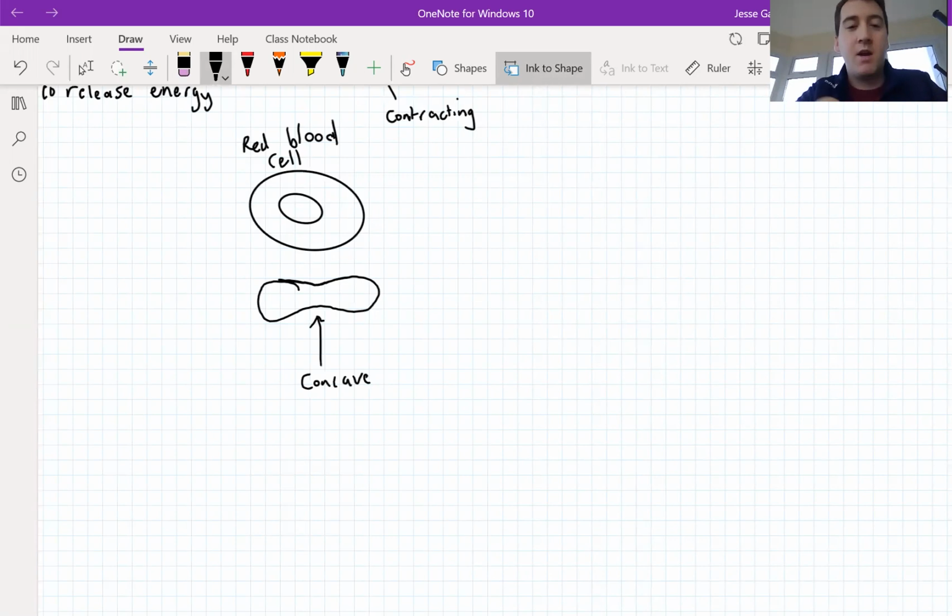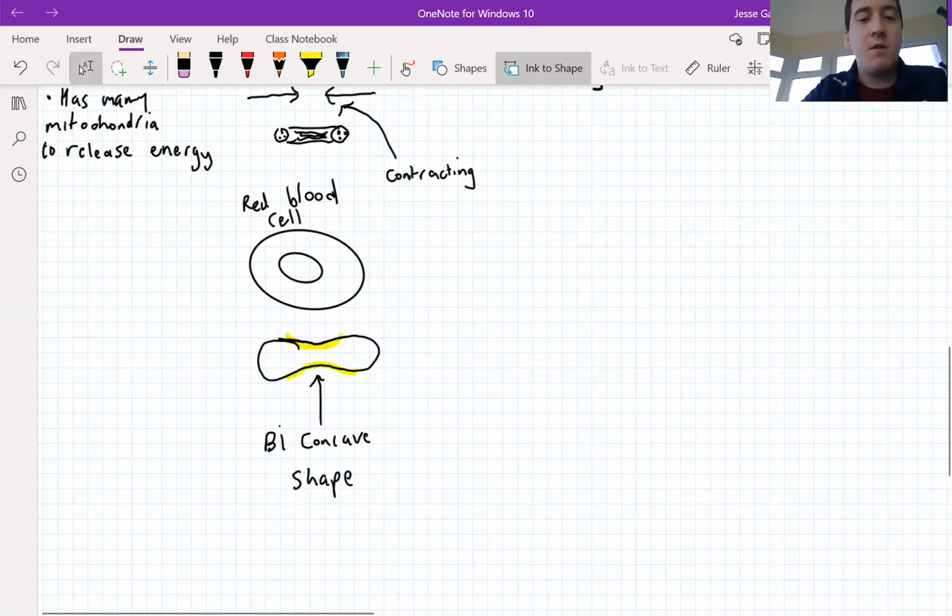When you see a shape like this, it's kind of caved in, like an arch. That's what we call a concave shape. Now we've got one on the top and one on the bottom, so we've got two of these concaves. This is what we call a biconcave shape. So this cell has a biconcave shape.